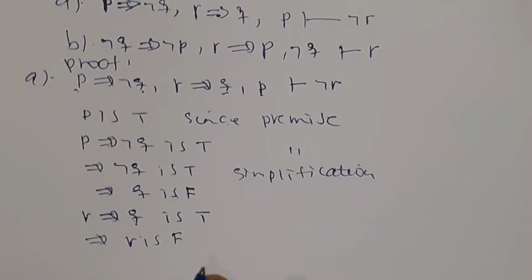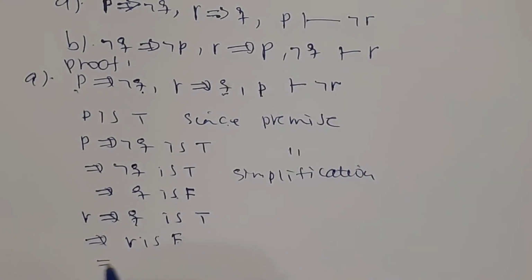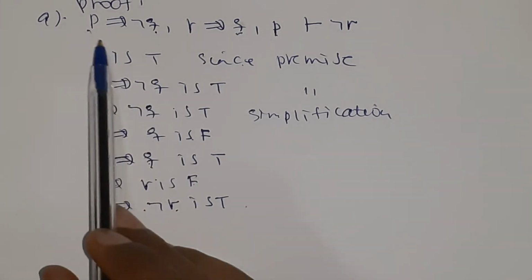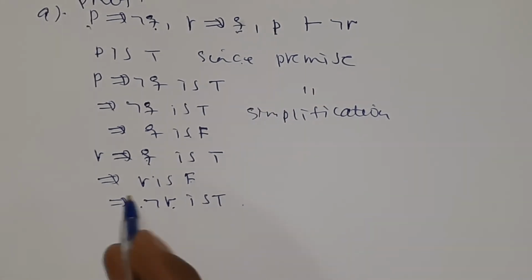If R is false, negation of R is true, which is the result. Therefore, since the conclusion is true when we assume that all the premises are true at the same time, the argument is valid.